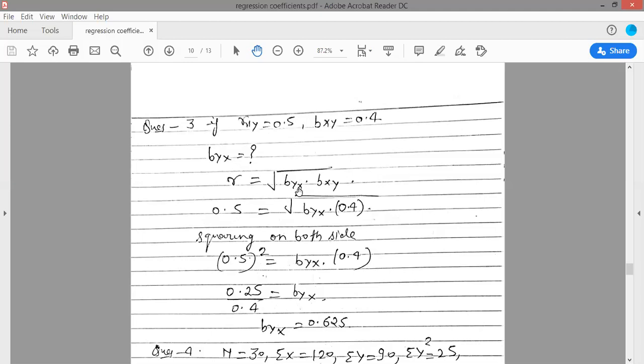This is the coefficient of correlation and these are regression coefficients, right? So just put the values here and square on both sides, and you get the regression coefficient of y on x, byx is equal to 0.625, right?